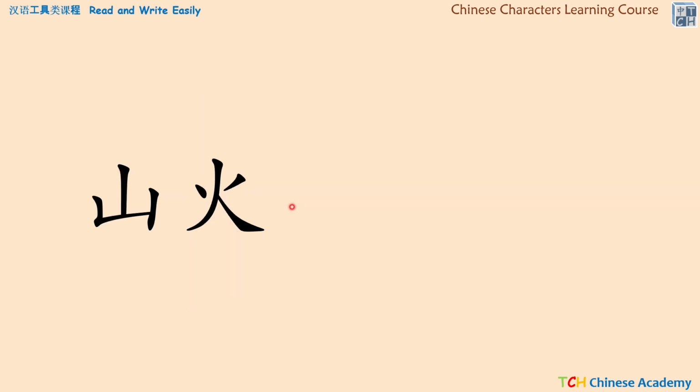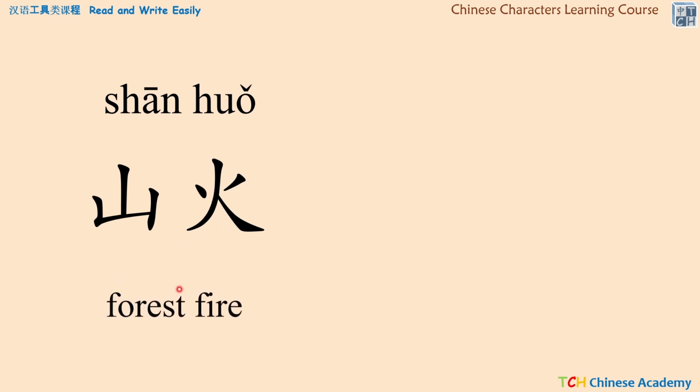Well, now let's look at words which contain 2 characters. And this is the mountain, yes, the 山, and this is the fire, the 火. So together it is 山火. So it refers to a forest fire or a wildfire on the mountain.